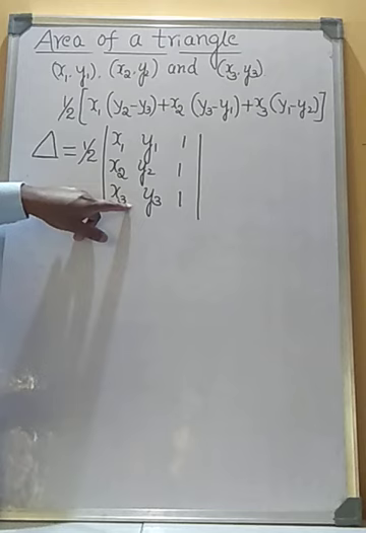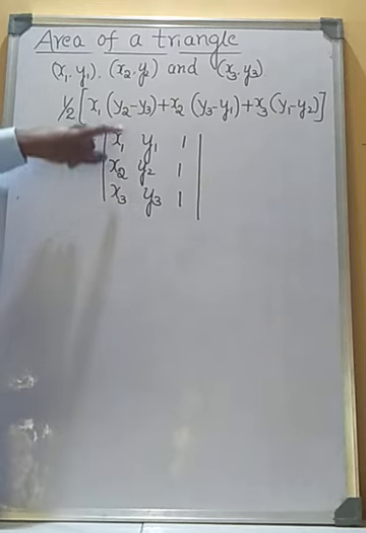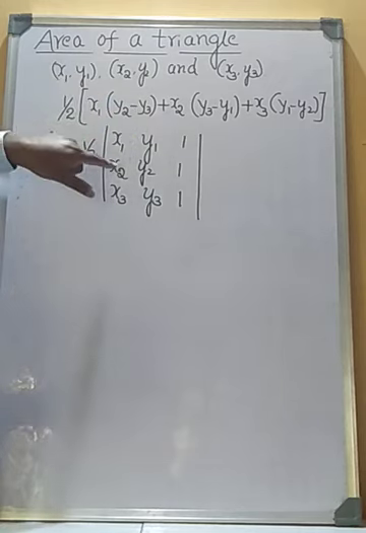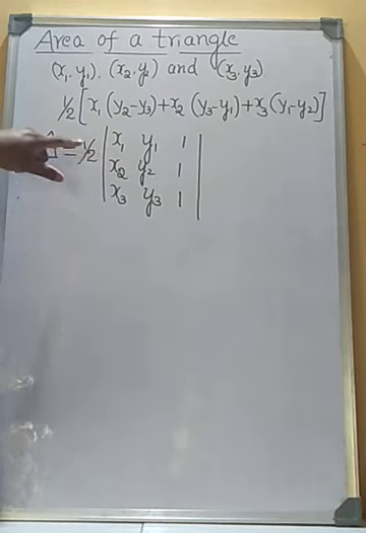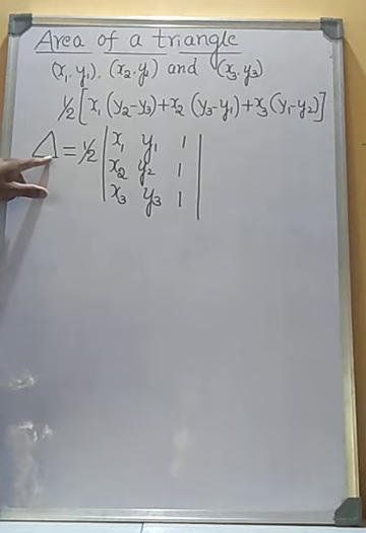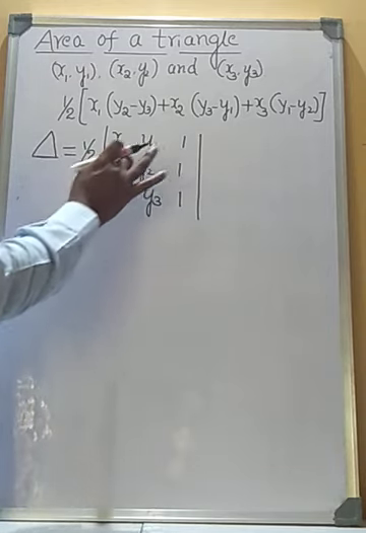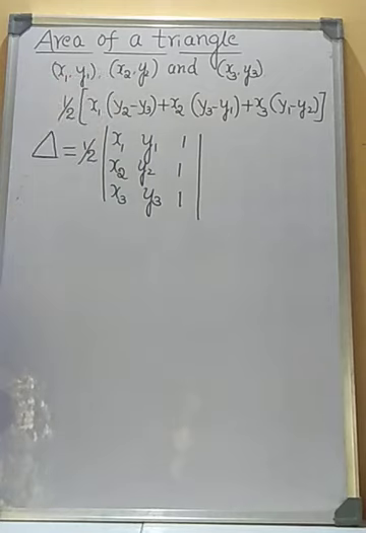This determinant form can also be expressed as an algebraic expression. So delta, that is the area of a triangle, is equal to half into determinant of x1, y1, 1, x2, y2, 1, x3, y3, 1.